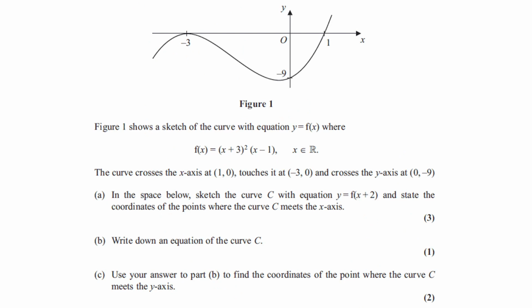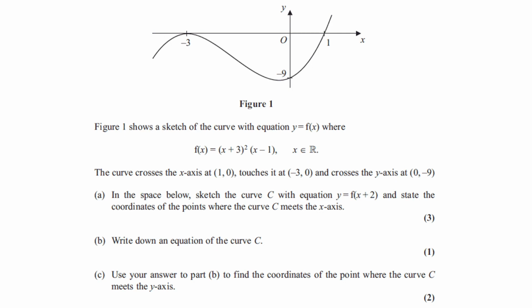Figure 1 shows the sketch of an equation, f of x is equal to (x plus 3) all squared times (x minus 1). And we're told that it crosses through -3, -9 and 1. So what would y equals f of x plus 2 look like, and where would it meet the x-axis?